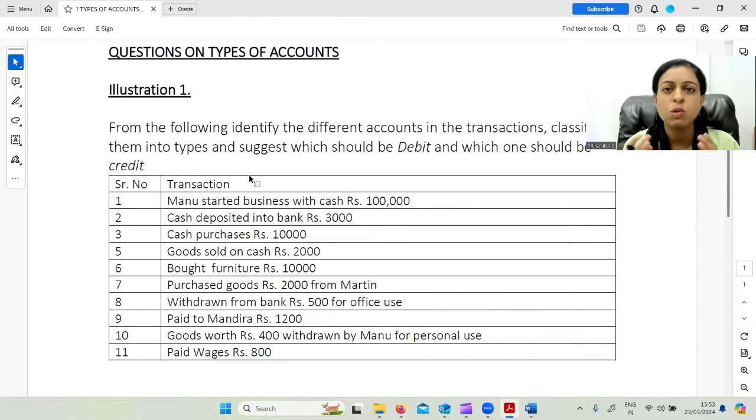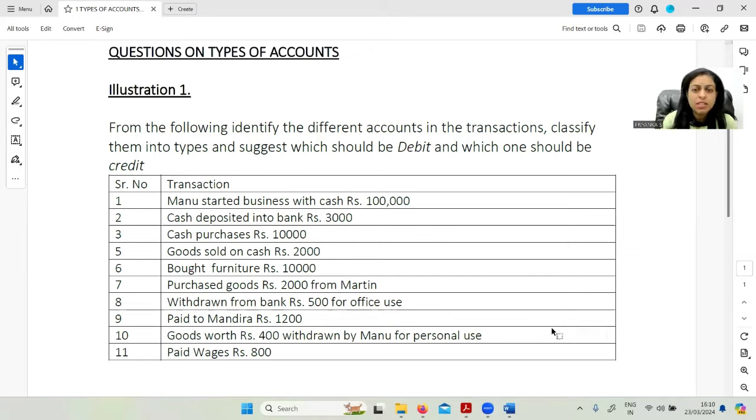Once that is done, we will classify each account as personal, real or nominal. Once classified, the next step is to find out whether we should debit it or credit it based on the transaction. In this manner, let us now solve this particular illustration 1.